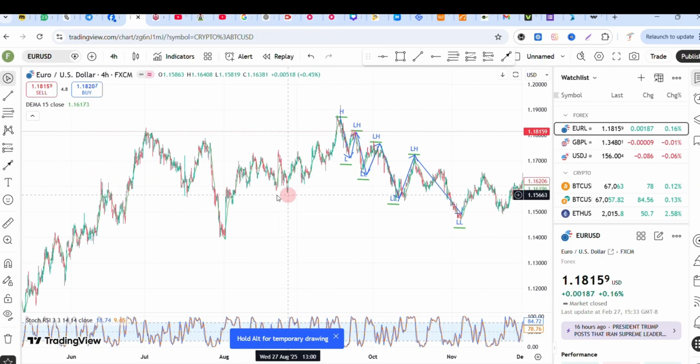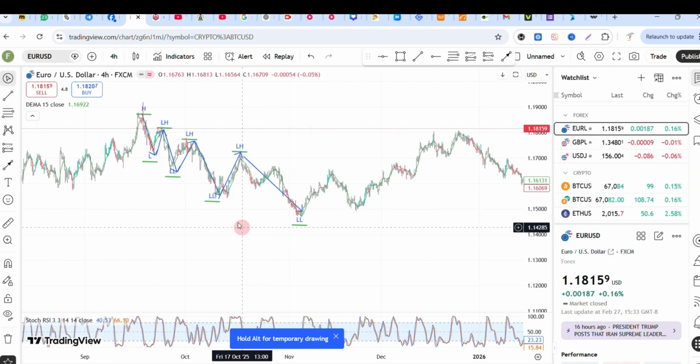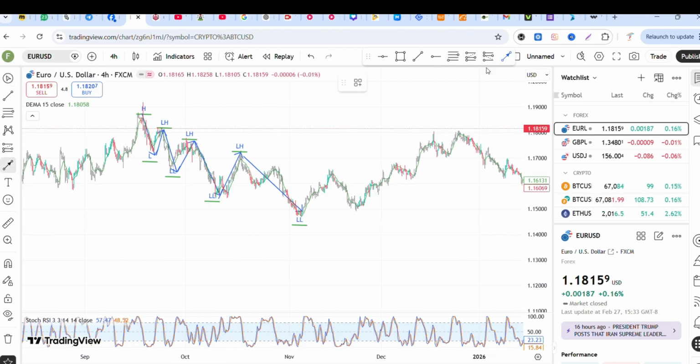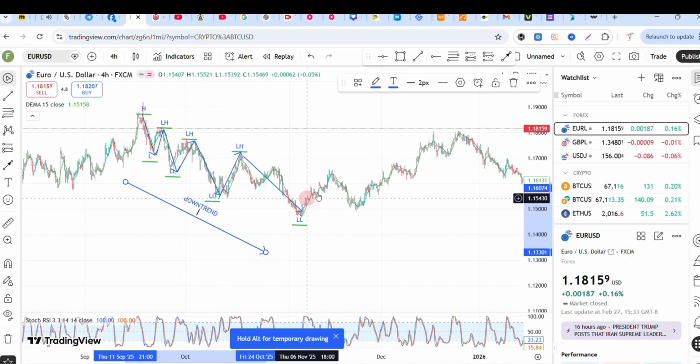When I zoom my chart, you are going to see that the pattern is down. It's going down, it's going down, it's going down. So this is a downtrend. So we call this, let me label this. This is a downtrend.